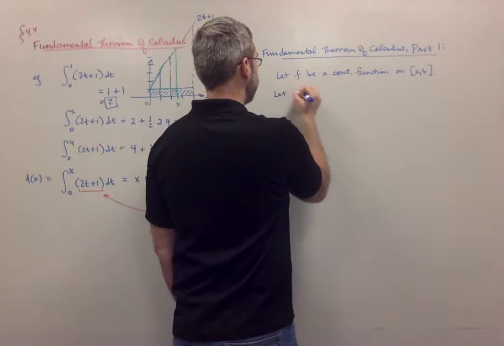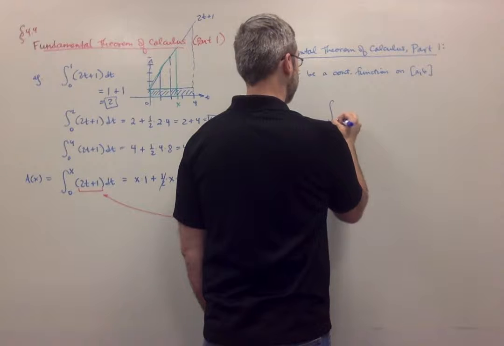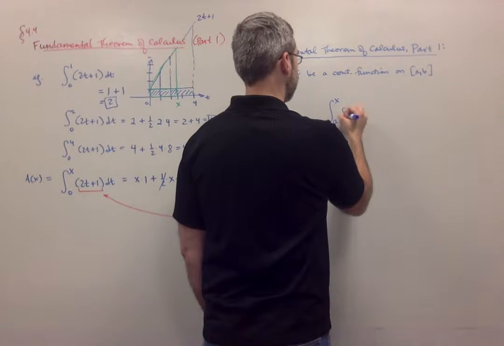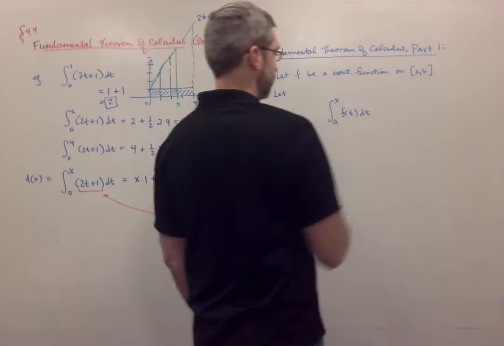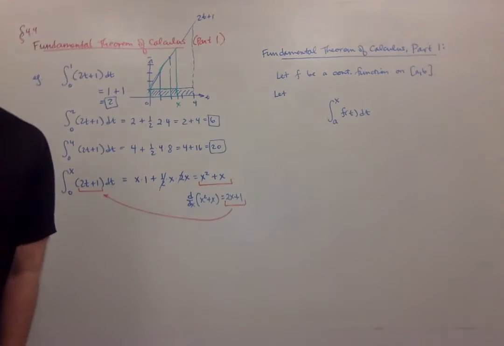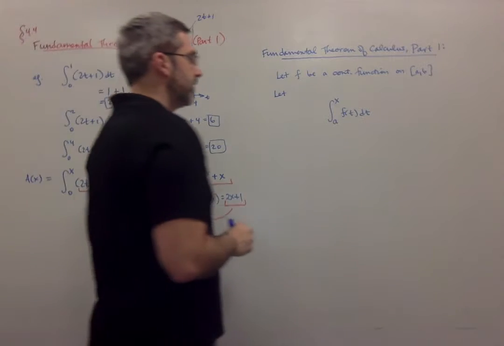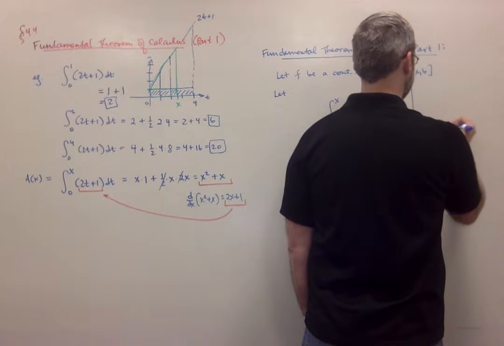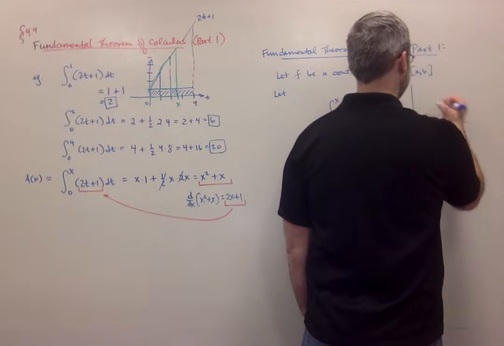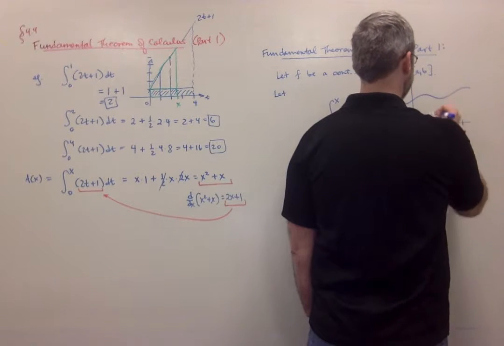And then let's define the integral from a to x under the function. Now I have to use a different letter here. So I'm not going to write f of x dx, I'm going to use f of t dt. But I'm going from a to x, and I'm assuming x is between a and b.